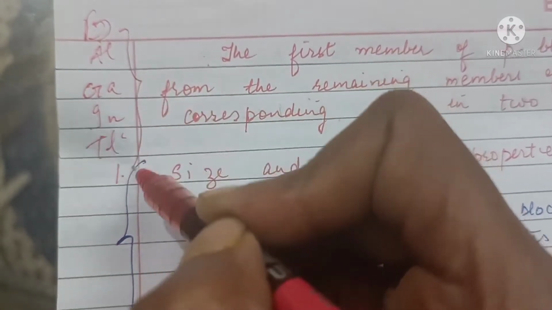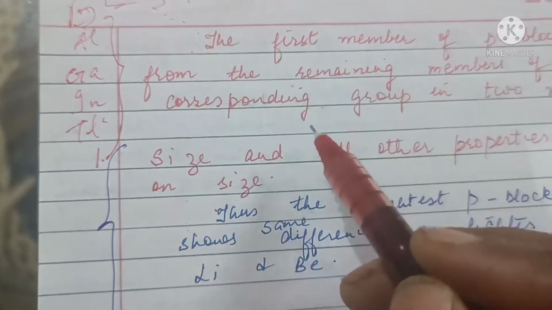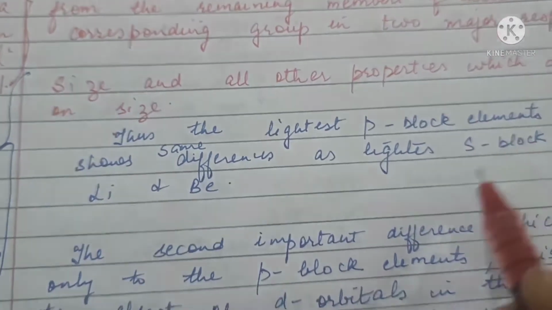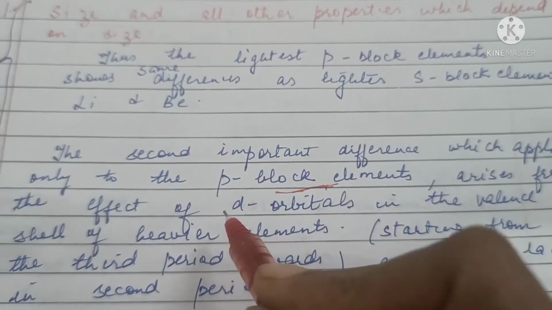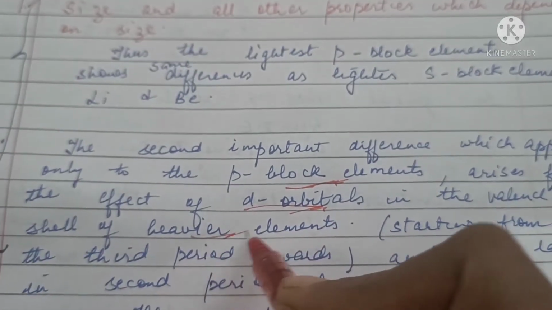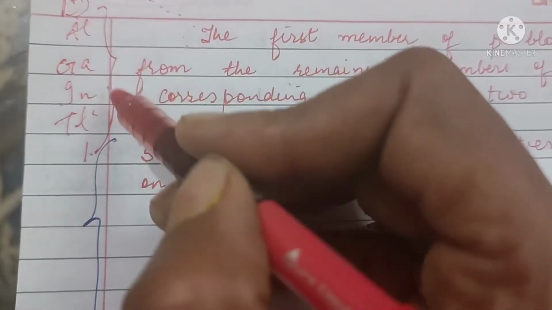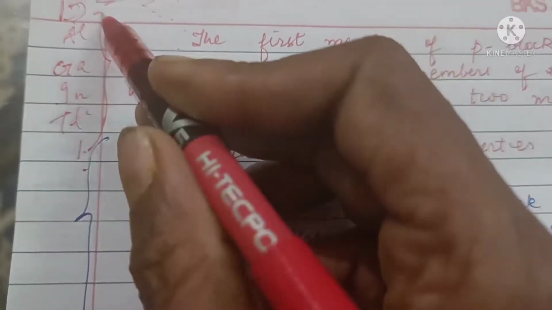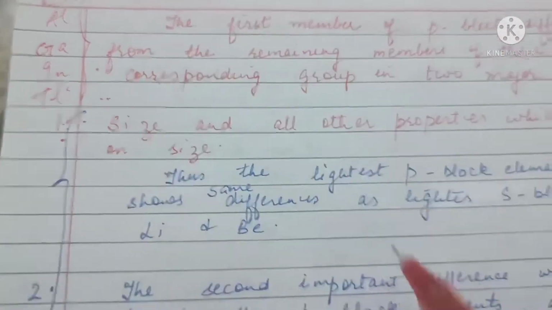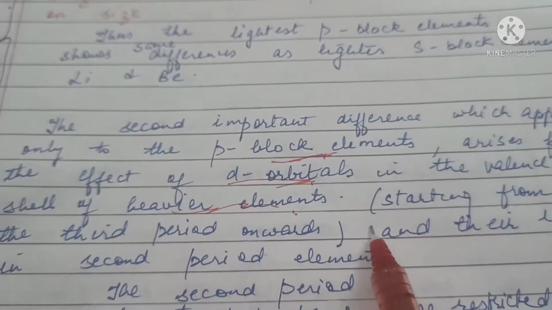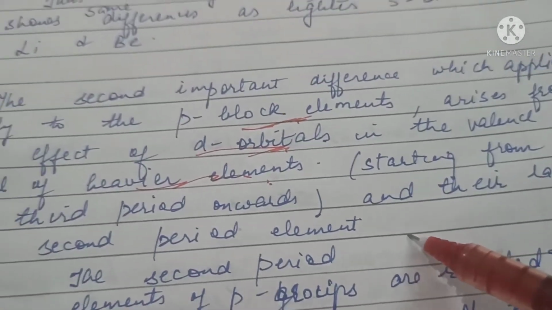It differs in terms of size and size-based properties, and also in the effect of d orbitals on the valence shell of heavier elements. The rest of the members have d orbitals, and the presence of d orbitals affects their properties, so the properties of the first member are different from these members.